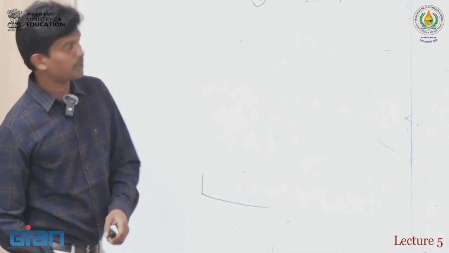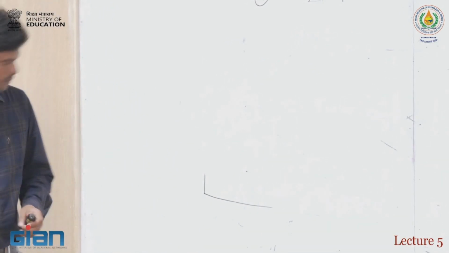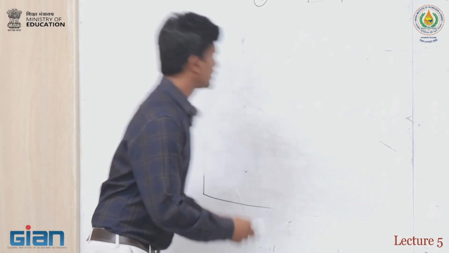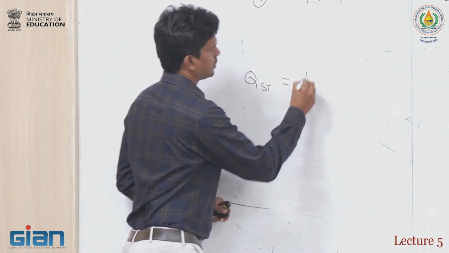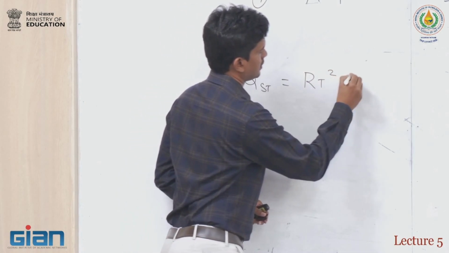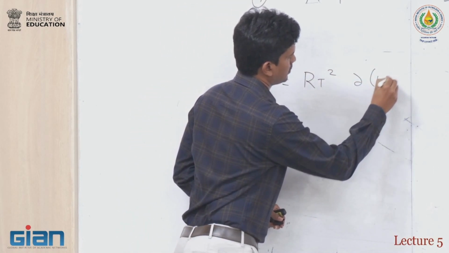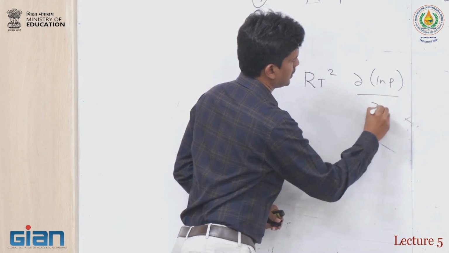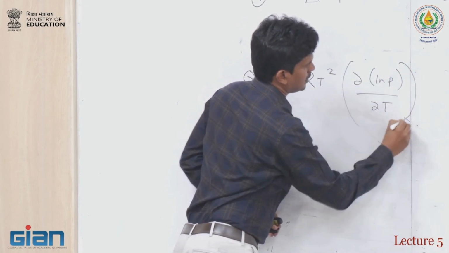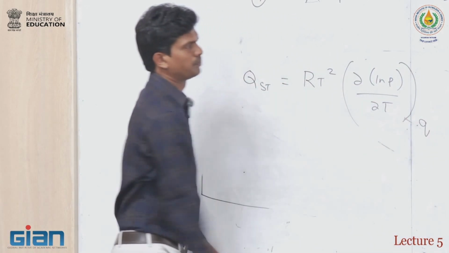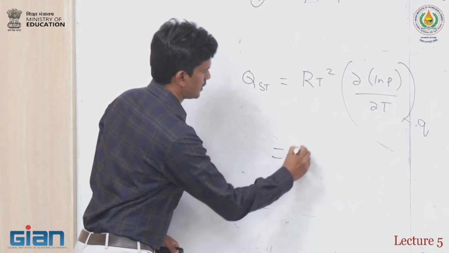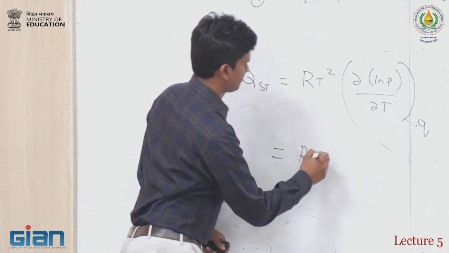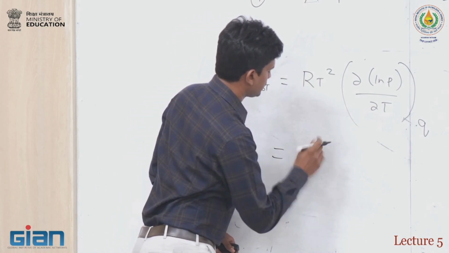So we can use the Clapeyron equation to compute it. The isosteric heat of adsorption is equivalent to RT squared times the partial derivative of ln P with respect to T, at any given loading Q. So we can write this as R, maybe.